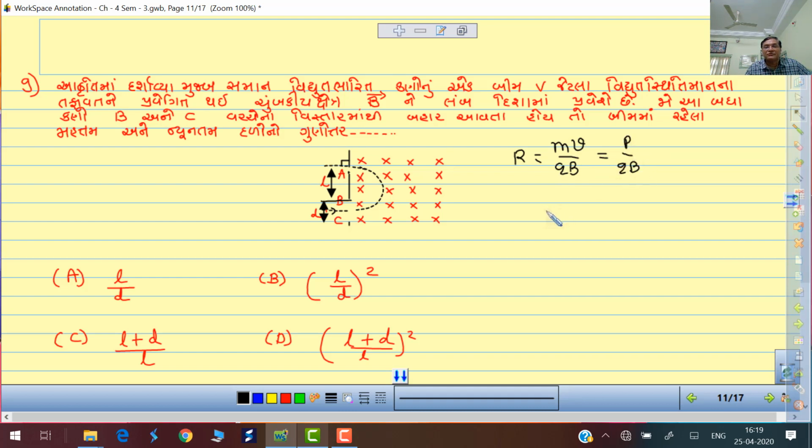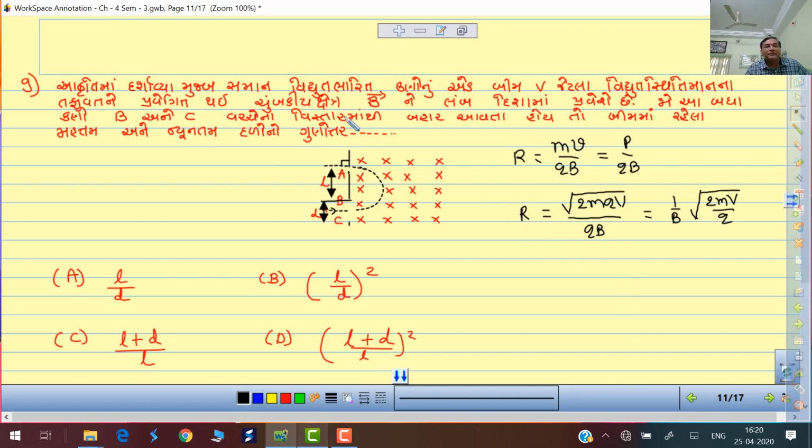Again p is not given, so I write root 2 m qv upon qb. આ તમને આઈડિયા આવી જવો જોઈએ કે I have to use voltage, so I can write 1 upon b, b is outside, and square root of 2mv upon q. So this is the radius.